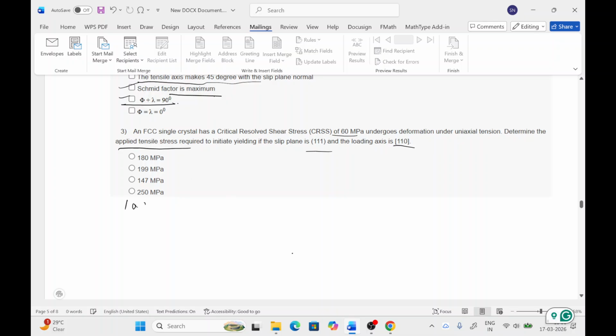The loading axis is 110 and the slip plane is 111. So for this, the slip direction will be 0, 1, bar 1.